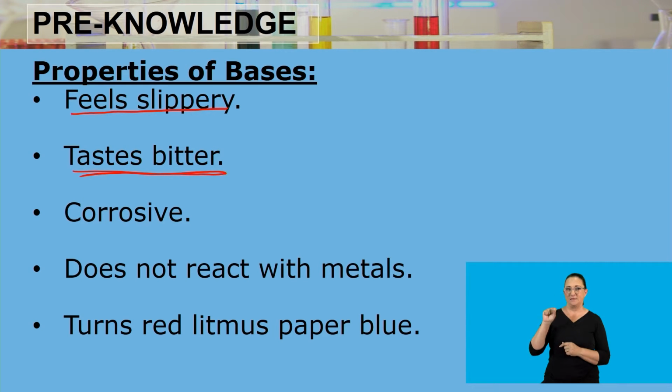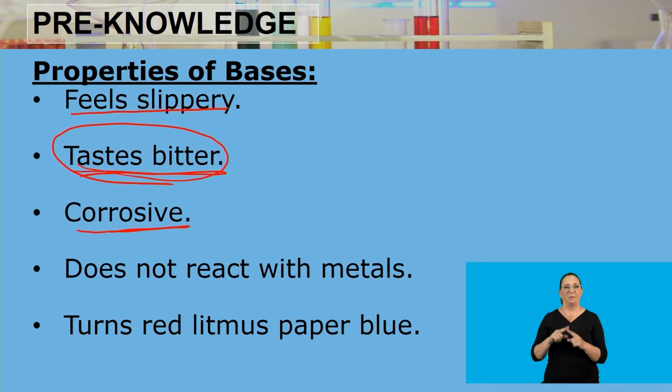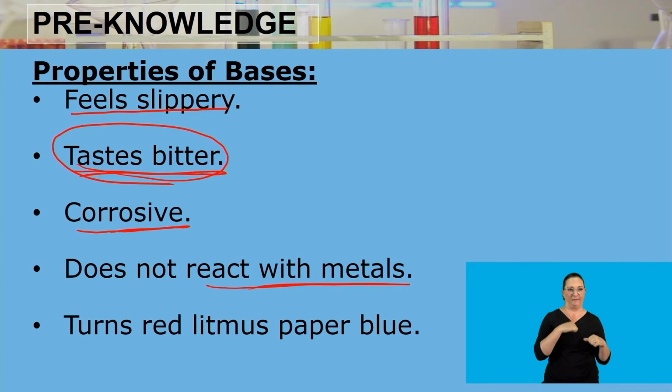Now, bases are also corrosive, so as I've said, it's not advisable that you taste them, but they do taste bitter. Another property of bases is that they do not react with metals, but the acids do react strongly with metals. And then lastly, the bases turn a red litmus paper blue.